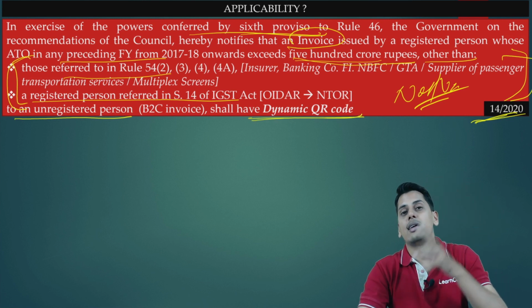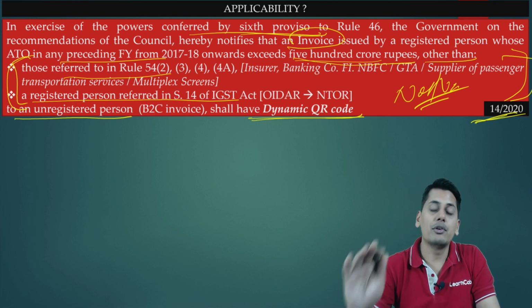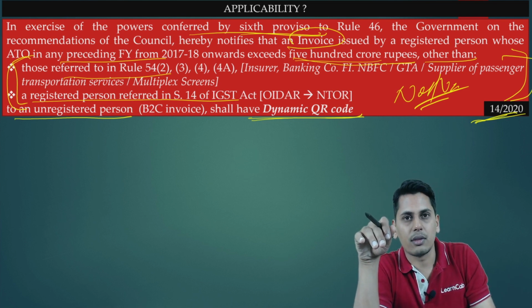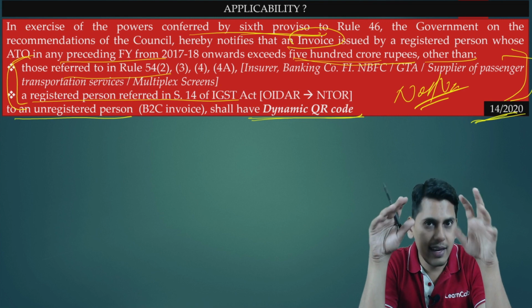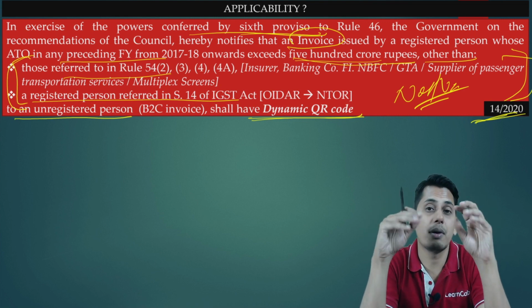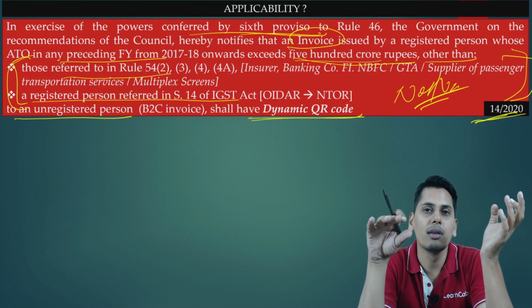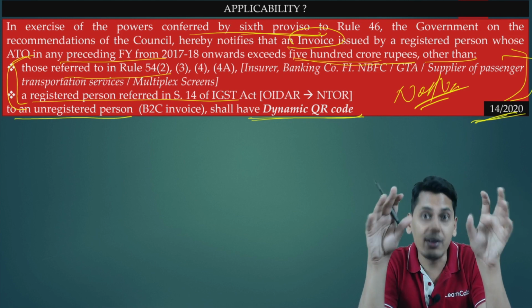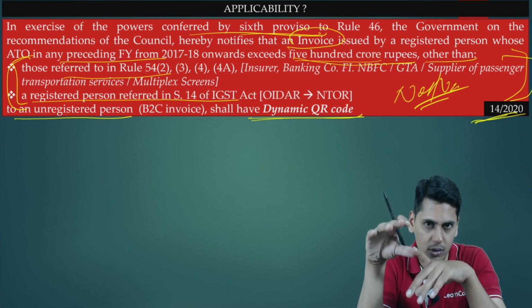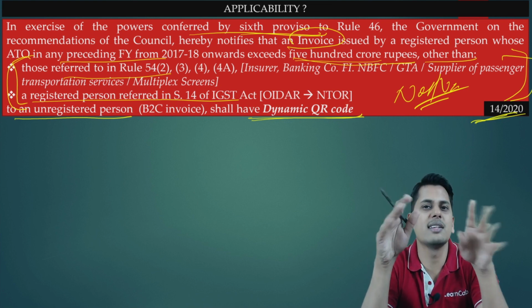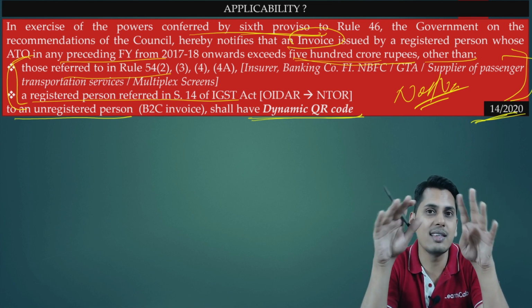Please understand friends, let's understand the background of this. 14/2020 tells you that an invoice raised by those registered persons whose aggregate turnover in any preceding financial year from 17-18 onwards exceeds 500 crore rupees, other than these registered persons. Who are those other than these registered persons?